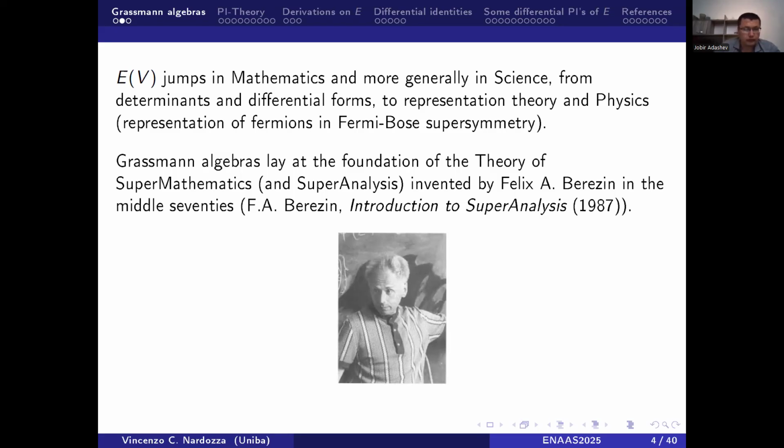But also in mathematics it goes beyond algebra, because it is one of the pillars of a general mathematics invented by Felix Berezin in the middle 70s, which is called super analysis, or was intended to lead to super mathematics.